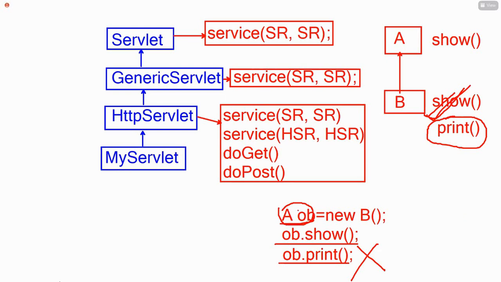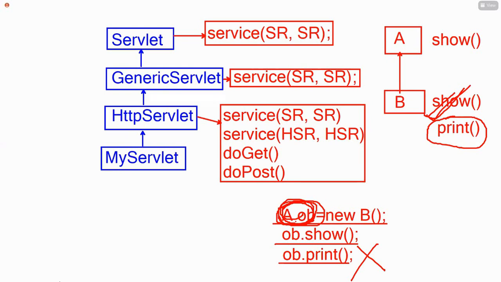So if you write A ob = new B, with the A reference you can access only A members. If that A member is overridden in the B class also, you can access it. That is the concept. But B members you cannot access.